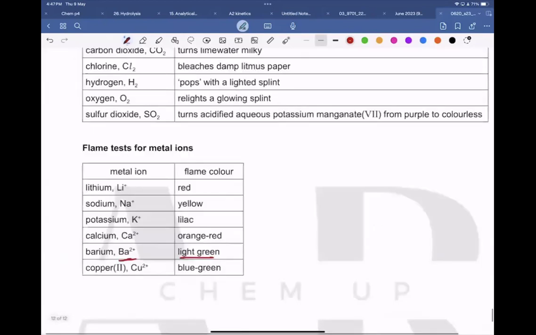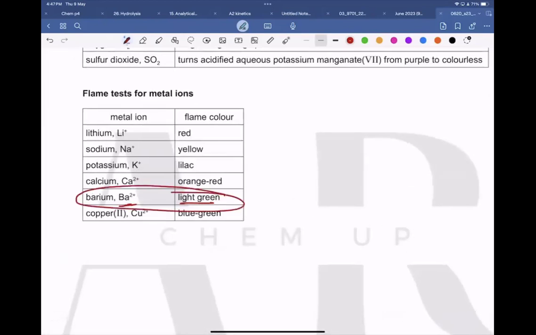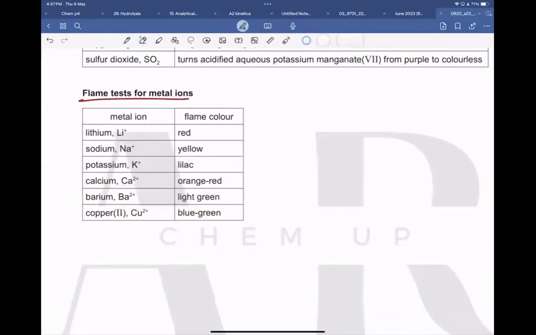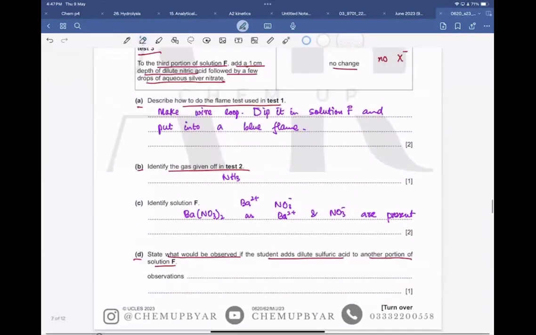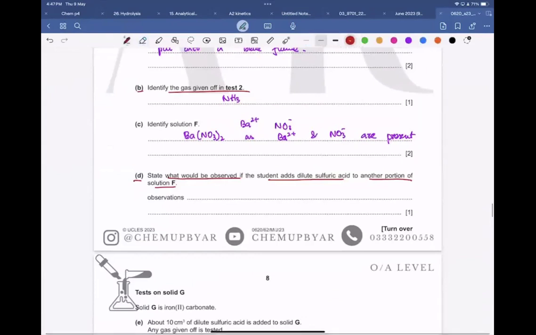If you see over here in the flame test, barium ions, right? Yes, so if the barium ions are there and we are adding the sulfuric acid, it would form barium sulfate, which is a white precipitate. So the observation over here is white precipitates.